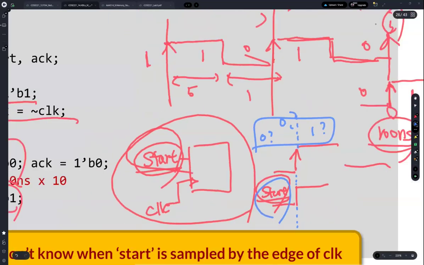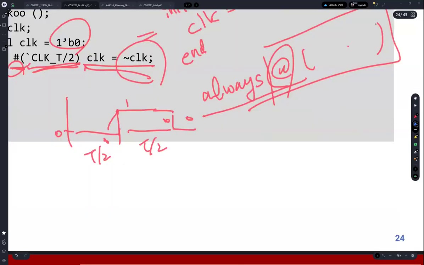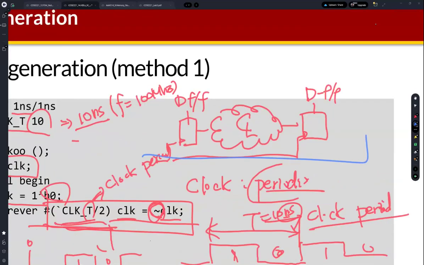Usually, I mentioned that the digital system is composed like this, with many D flip-flops and combinational logic between the D flip-flops. The input signals are sampled inside of this digital block.